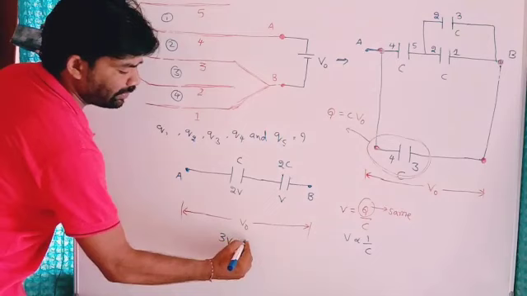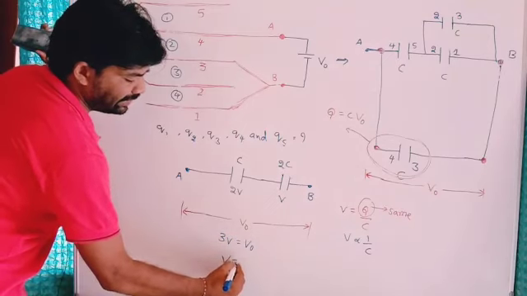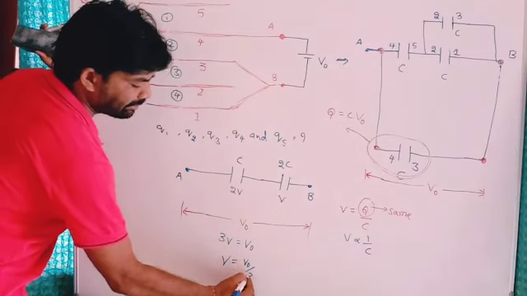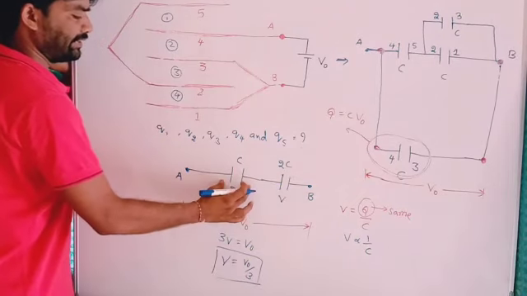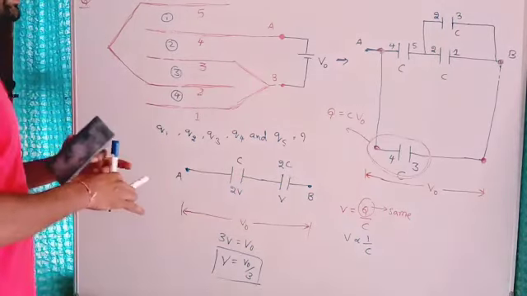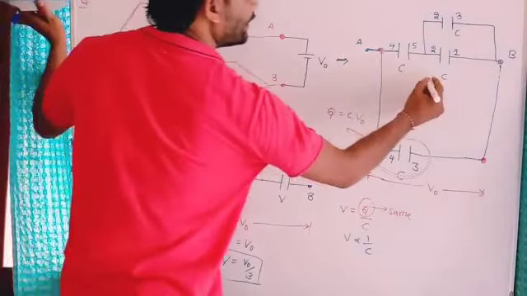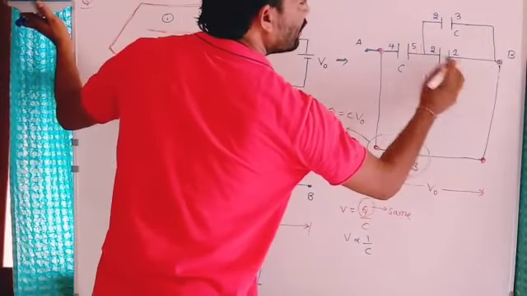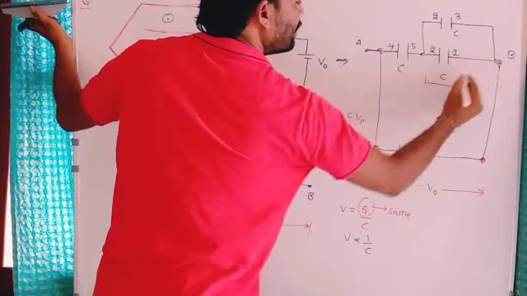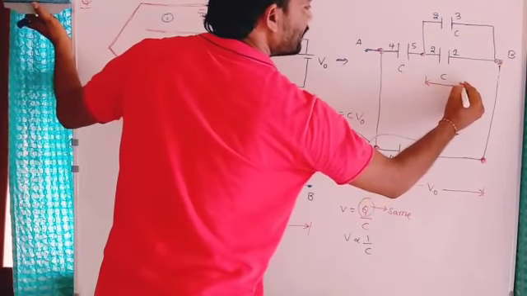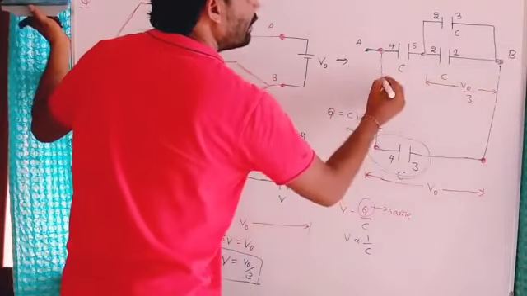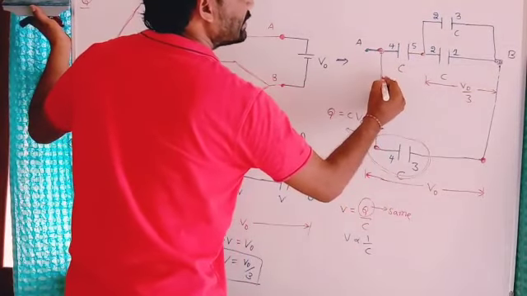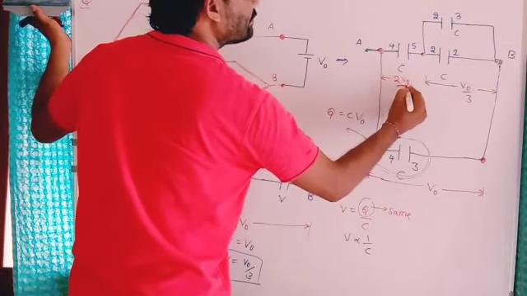Simply 3V equals V naught, so V is V naught by 3. This is V naught by 3, and this potential difference is 2V naught by 3.